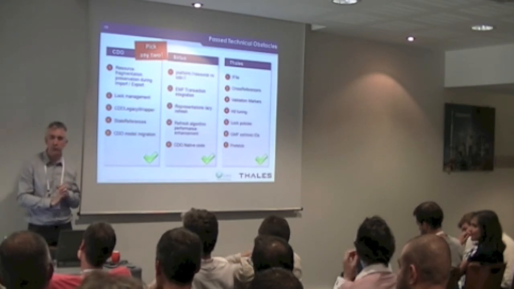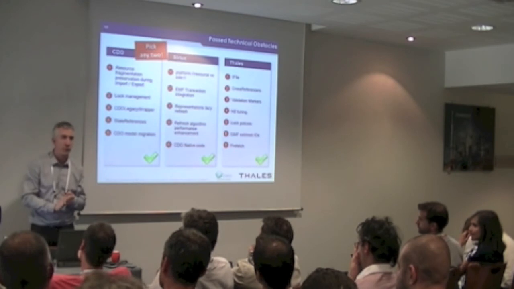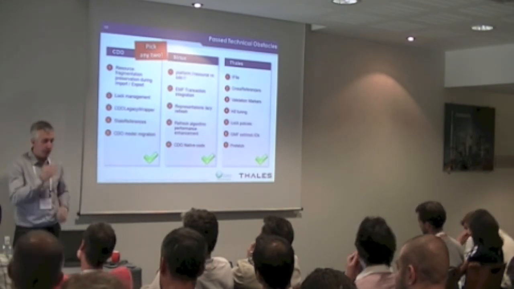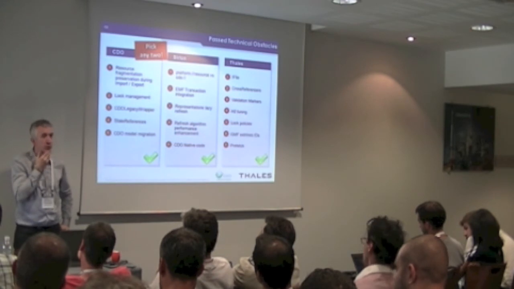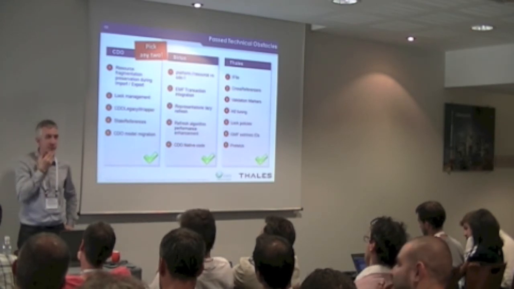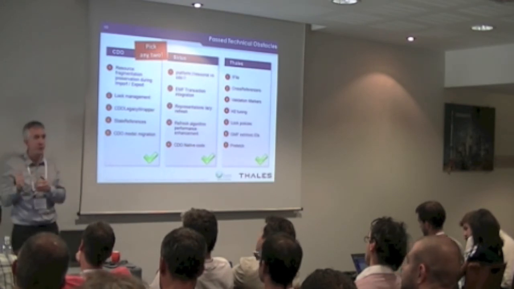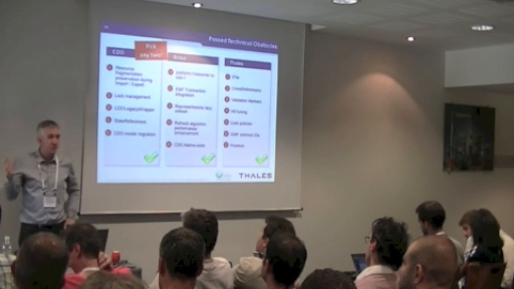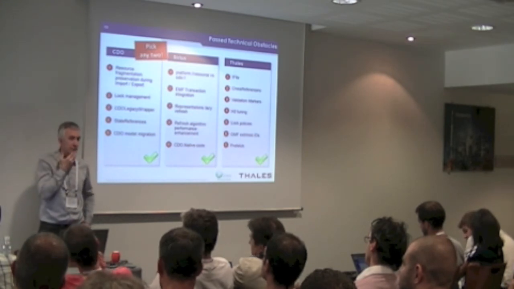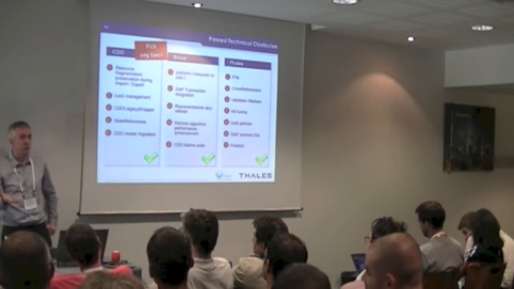With performance, yes, we have quite a few projects which are pretty big, and I think we have reached the limits of the 32-bit version of the JVM. So right now, for these projects, we're moving to 64 bits. Everything is not perfect, and it also depends on your infrastructure.